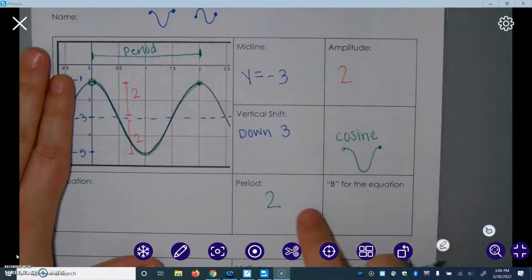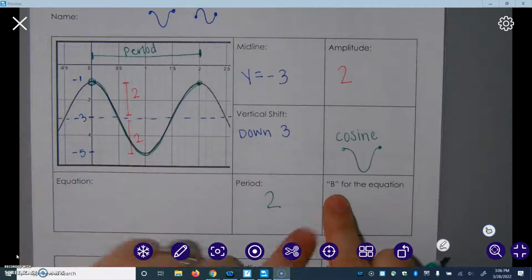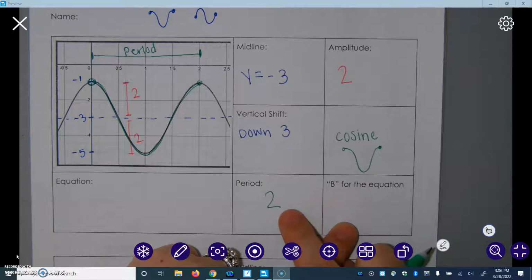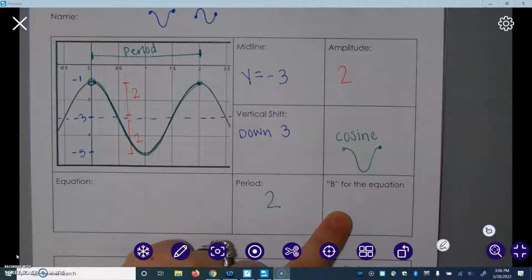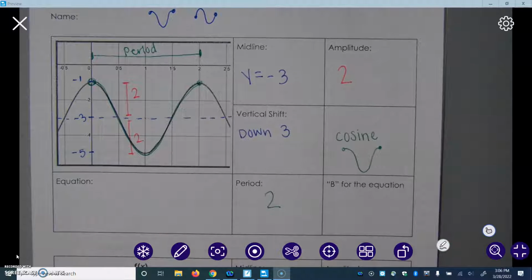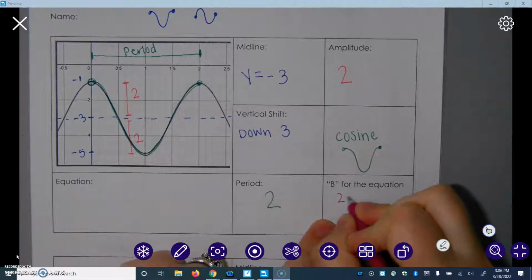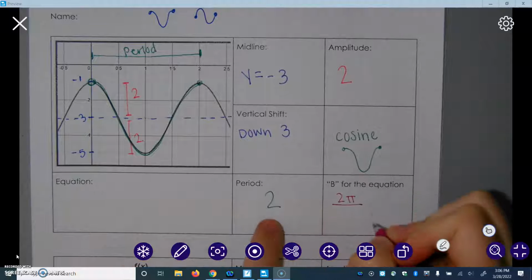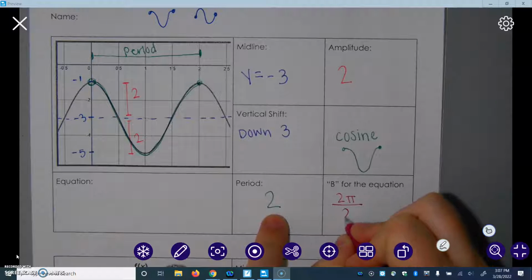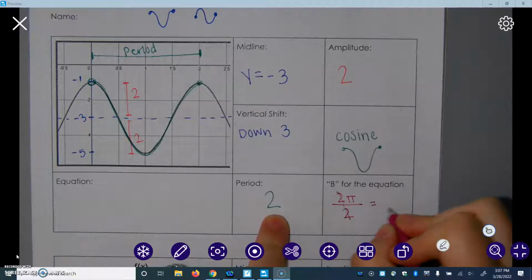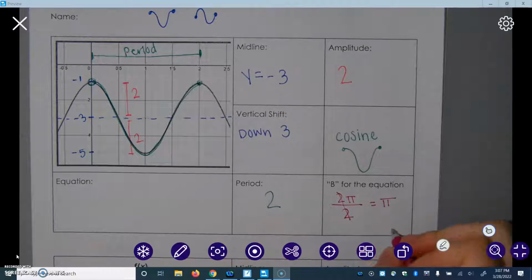All right, in the equation, I have to do a step before I can just plug the number 2 into the equation. And so that is a little formula of 2 pi over the period. So 2 pi over the period, and so 2 pi over 2, that would reduce to just pi.